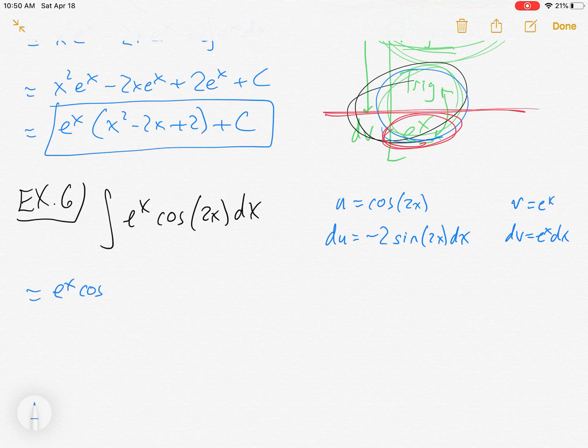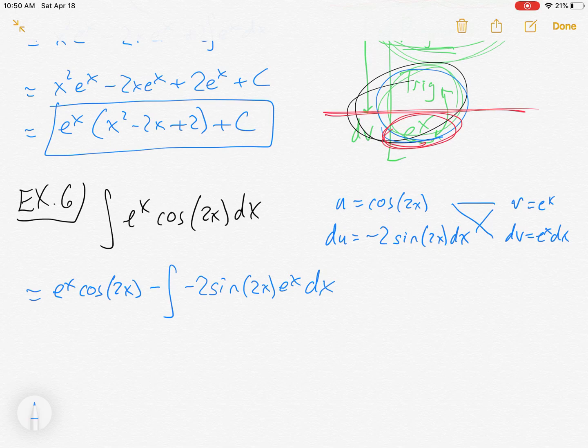So doing our picnic table. And a lot of times you're going to do these not really sure this is going to work. Sometimes you just have to try something. E to the x cosine 2x, right? So our setup was there. It was the original problem. The first part's the top of the picnic table, and then the other leg of the picnic table is after the minus and the integral.